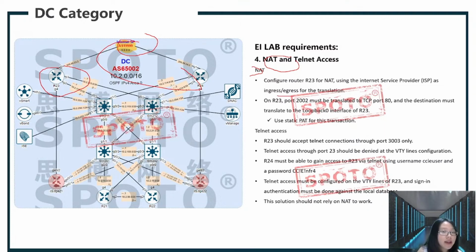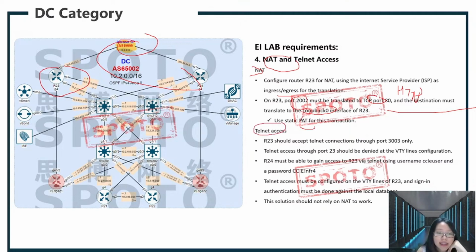Router 23 port 2002 must be translated to TCP port 80. Okay, so HTTP. And the destination must translate through the loopback 0 interface of router 23. Use static PAT for this translation.